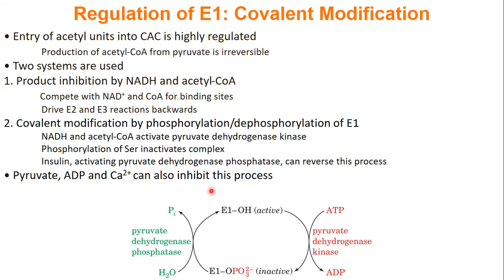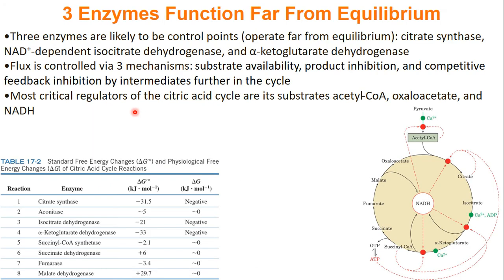Again, kind of makes sense. Insulin is saying we have glucose available, so if we have glucose available, let's start making some energy through the citric acid cycle. Pyruvate, ADP, and calcium can also inhibit the process of pyruvate decarboxylase as well. So that's the very beginning point.